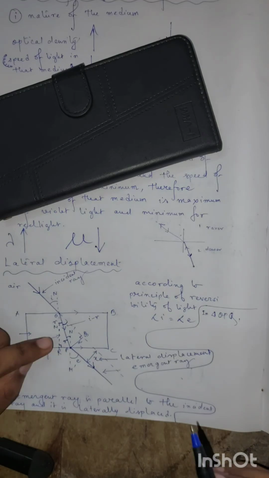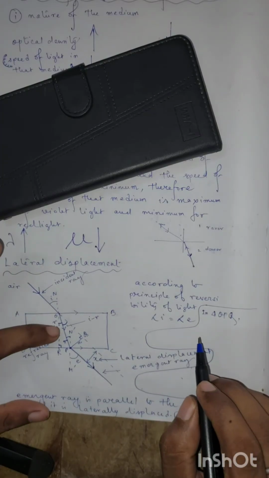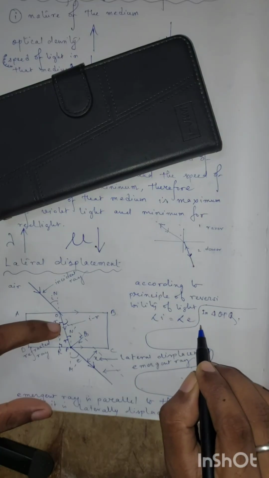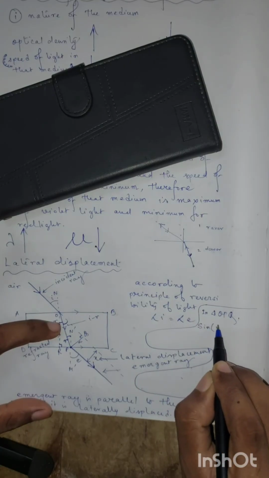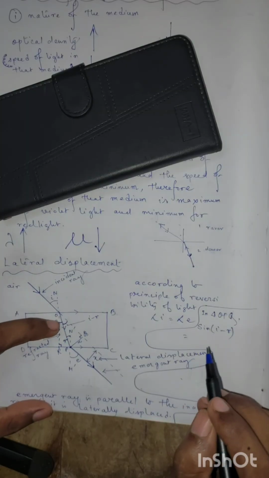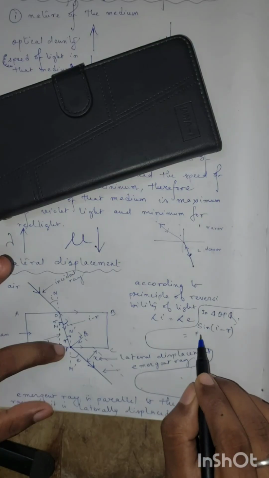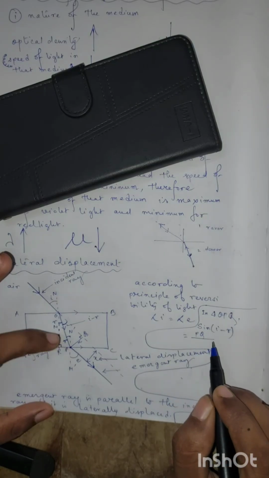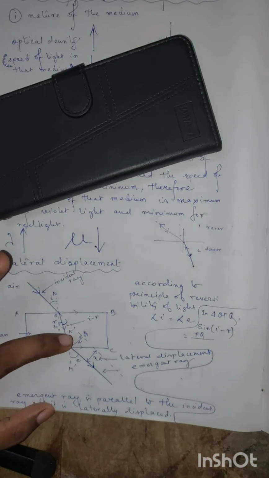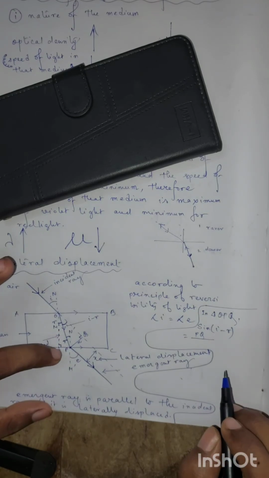So we can write sin(I minus R) is equal to PQ by OP.